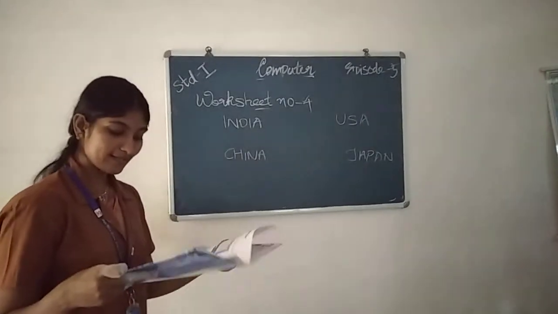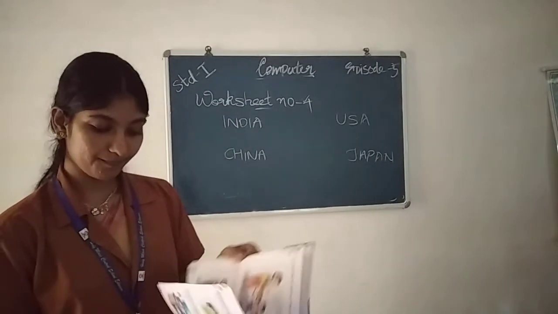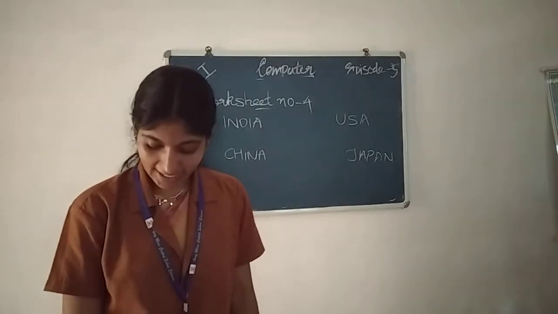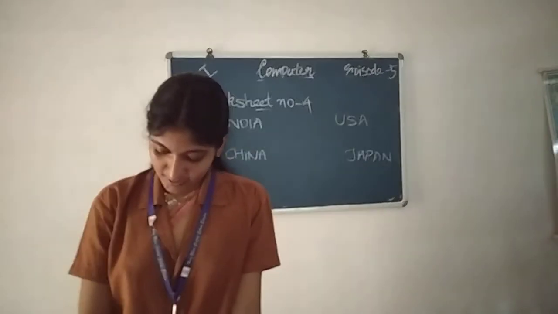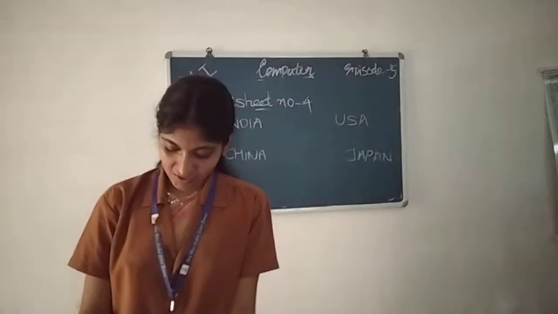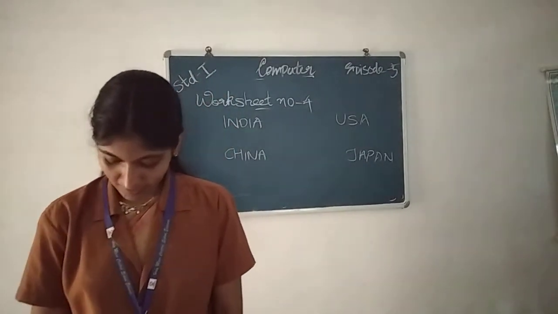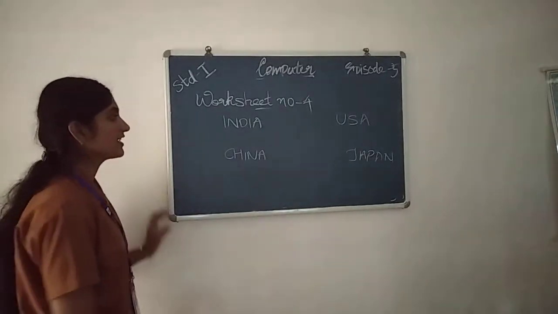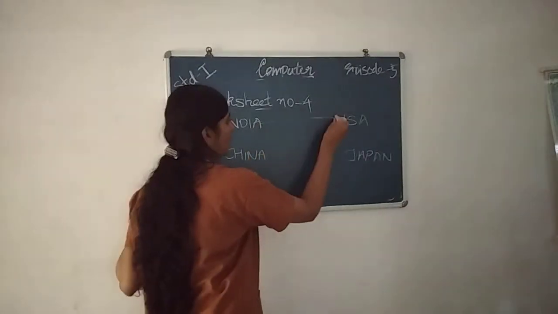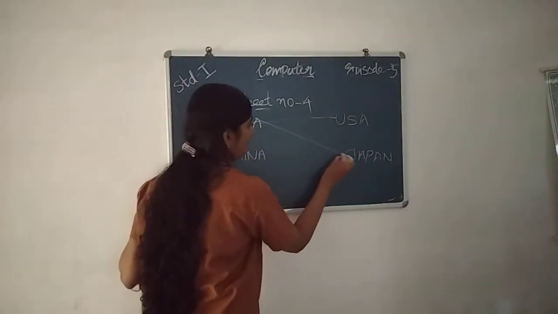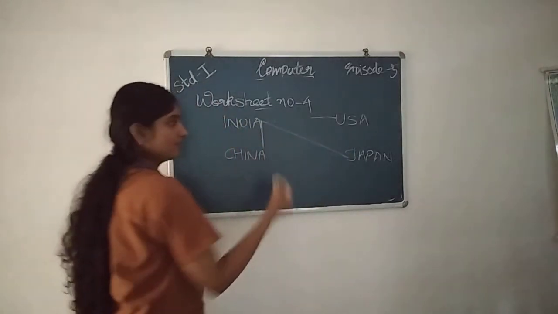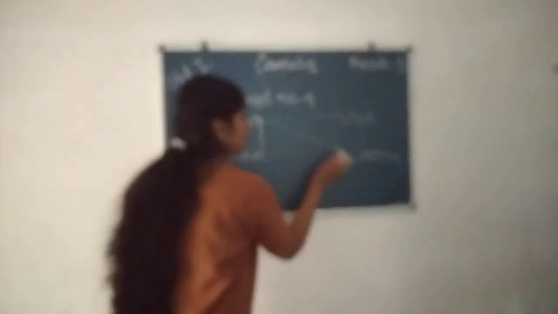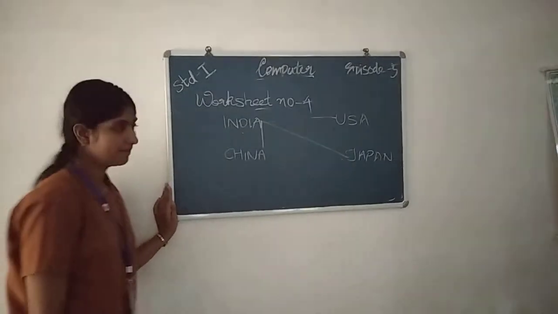So the question here is draw lines to connect the computers so that all the children can share messages amongst them. So how can we connect? We can connect India to USA, India to Japan and India to China.